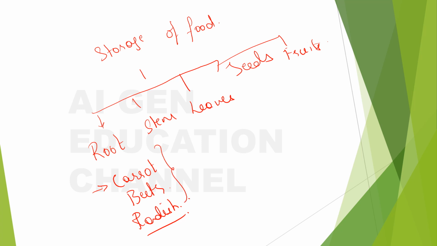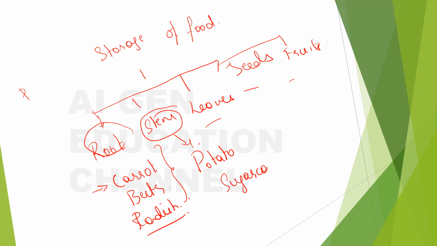All these roots will store the food. So it depends upon the plants. What I'm saying is, for some plants root will hold the food, for some plants stem will hold the food, like that. For the plants where stem holds the food, potato and sugarcane.